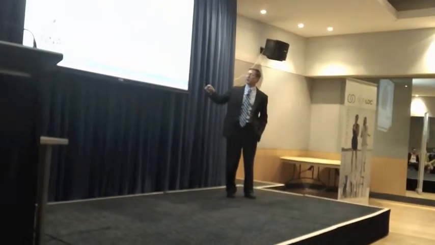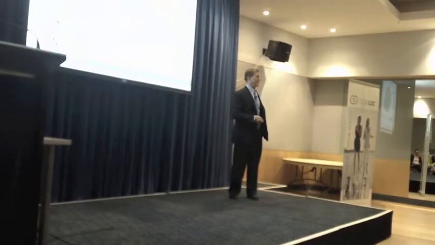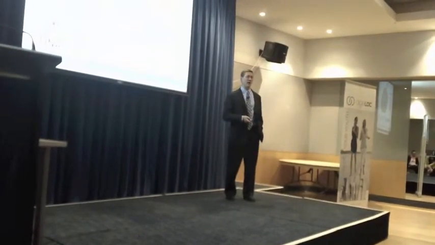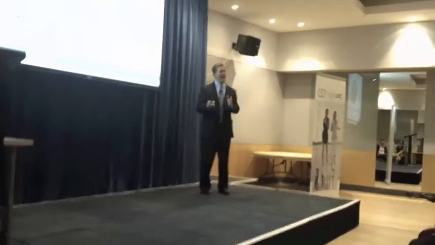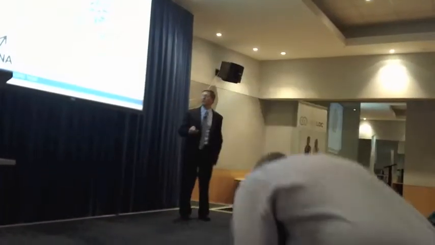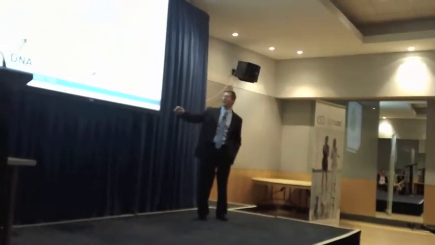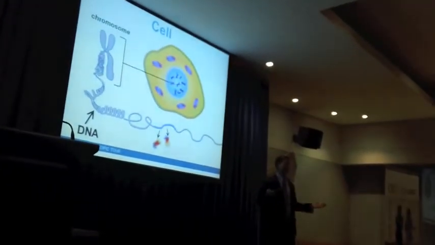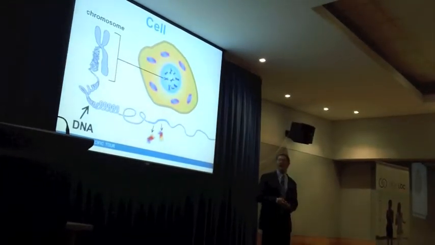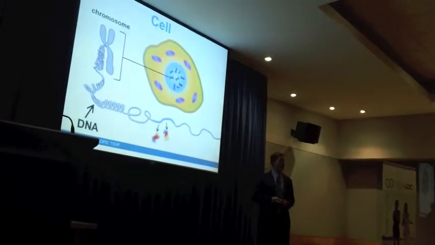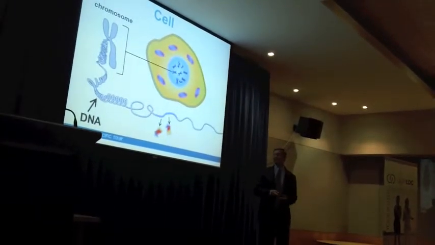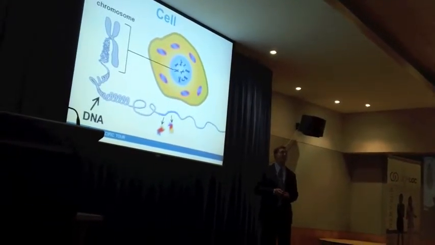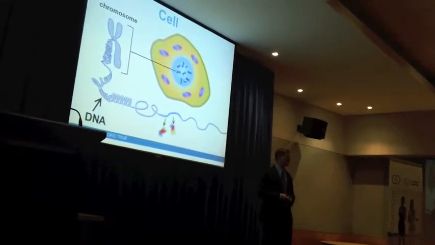Well, I like to describe a gene as a recipe for a building block of your body. And so as you take these recipes and turn them into building blocks, they make either a functional or structural protein that is a building block of your body. And because you have 20 to 25,000 of these genes, you have lots of different types of building blocks.